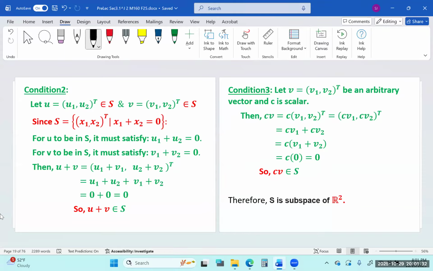Do those variables represent a specific number, or are they just variables? They represent all real numbers that satisfy this condition: the sum of two numbers is 0. So what type of number actually satisfies this condition? Exactly.